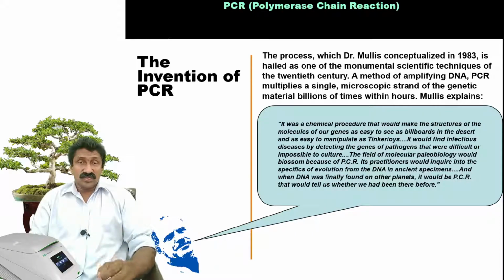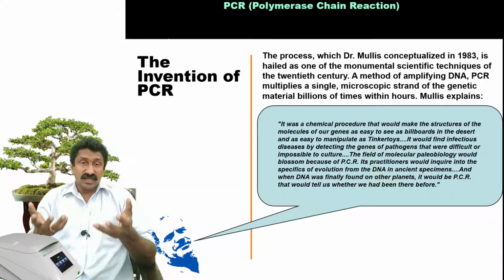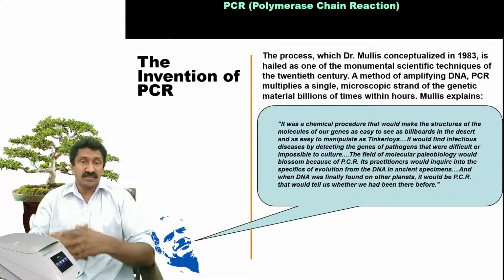He says that it was a chemical procedure that would make the structure of the molecule of our genes as easy to see as billboards in the desert and as easy to manipulate as finger toys. Which means you can easily increase the quantity of the DNA so that you can easily visualize and manipulate it, if you have sufficient quantity of DNA amplified using PCR.